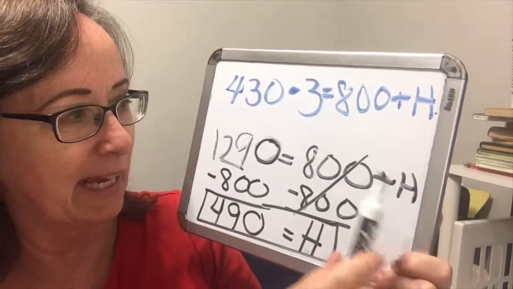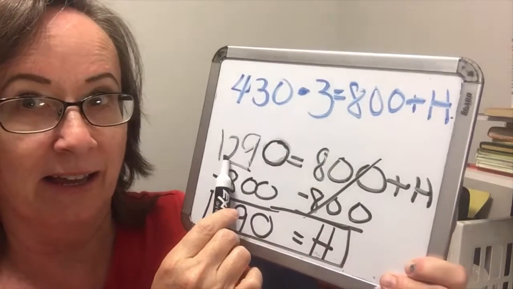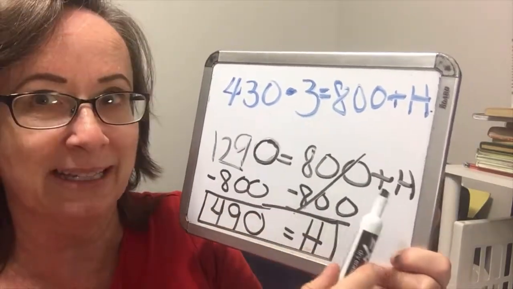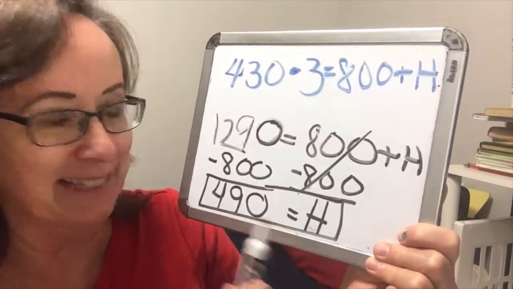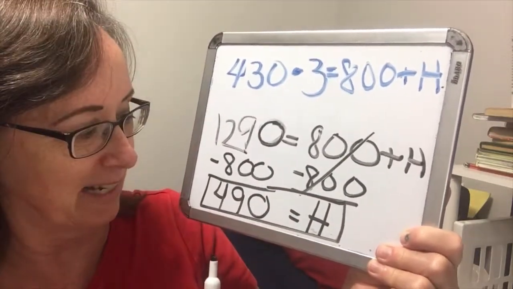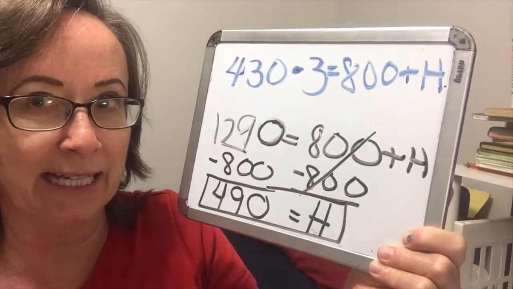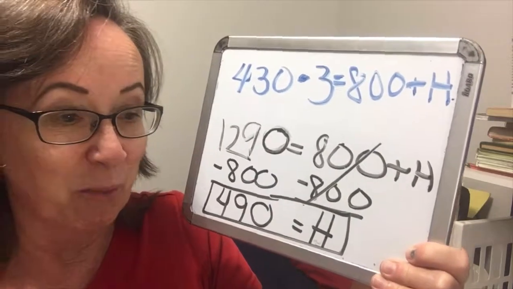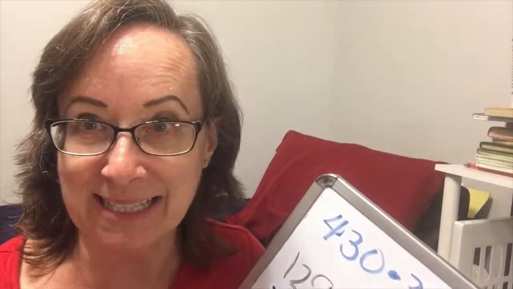So h plus 800 is 1,290, so 1,290 minus 800 is h, and that's exactly what we did down here, isn't it? So we end up with 490 is the height of the third building. And we are done with that lesson.